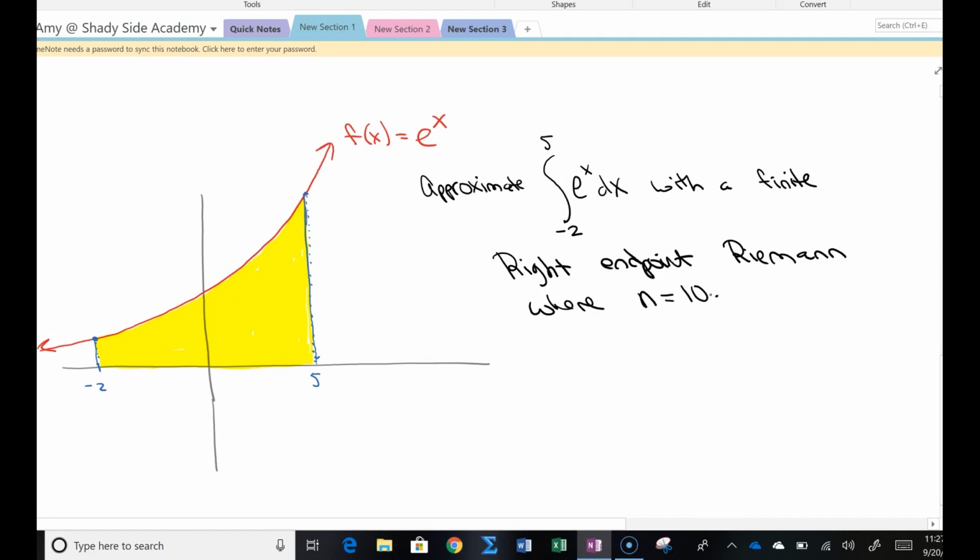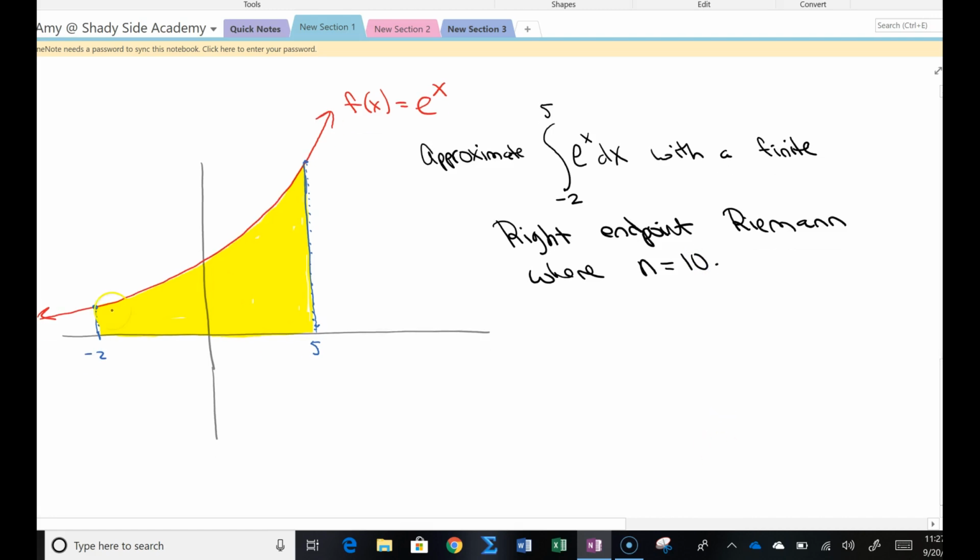10 subintervals, okay? Now I can go ahead and try to draw 10 rectangles in here, but I'd probably get very, very sloppy. But go ahead and let's kind of start with me here. Here I have 10 rectangles. Well, let's see. If 10 is the number of rectangles, that means the width, delta x, is always going to equal 5 minus -2, so that's 7, all over the number 10.